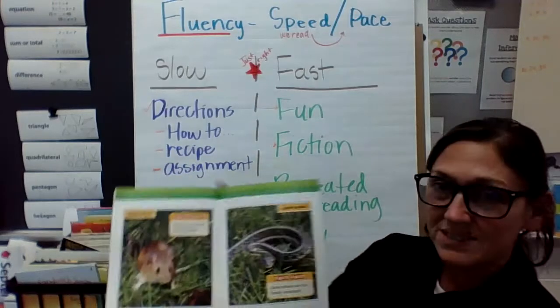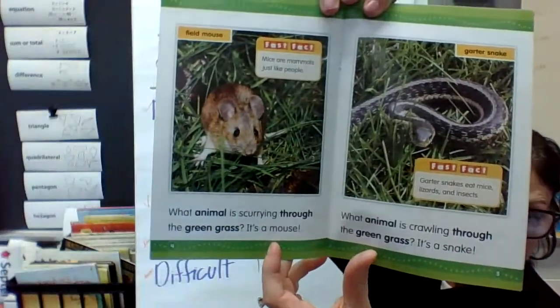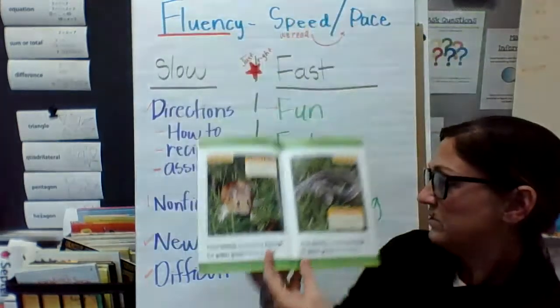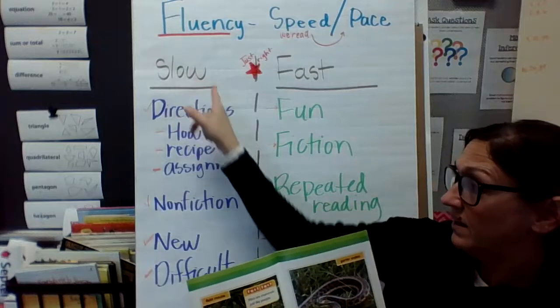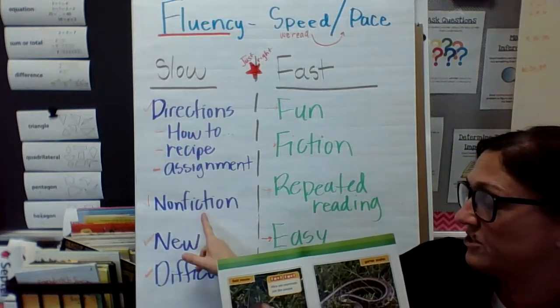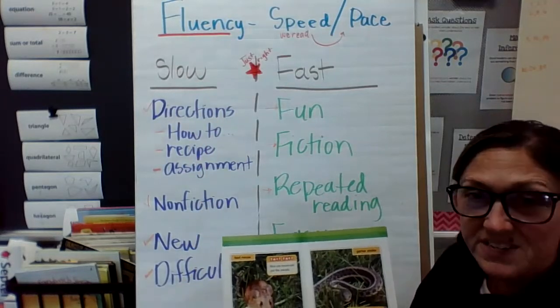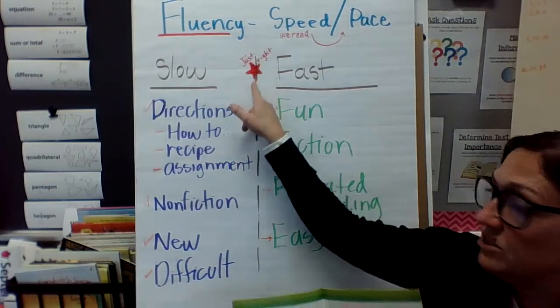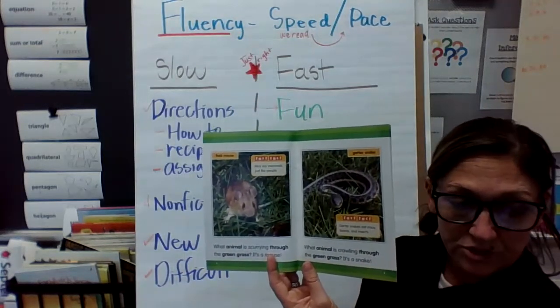But when I look inside, the text looks pretty easy for me. So it's nonfiction and new, but the text looks easy. So I might be okay to do in my just right range.